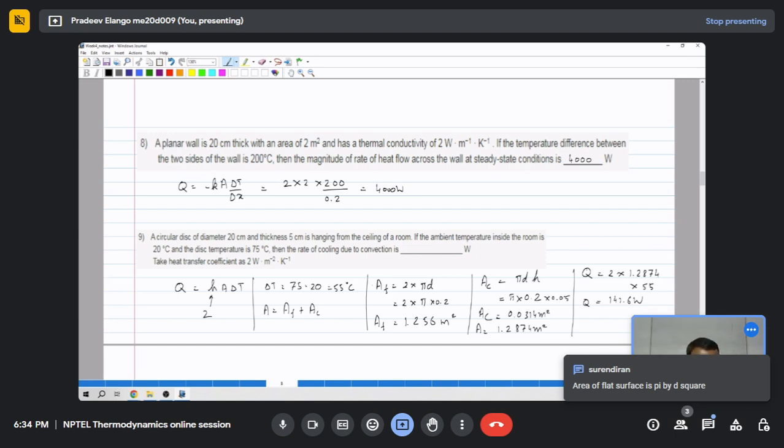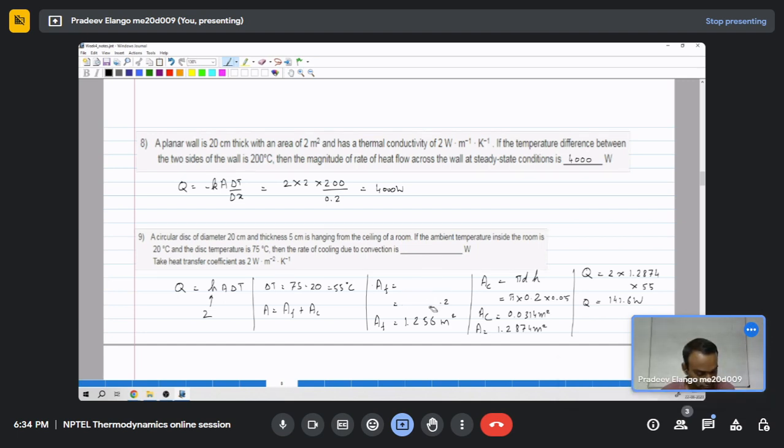Yeah, so area of this is not right. Area of flat surface is pi by 4 d square. So we have two surfaces, so it is into 2. So then we will have pi by 4 into 0.2 square into 2.